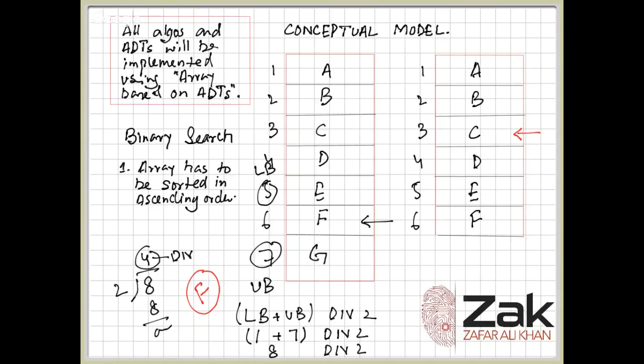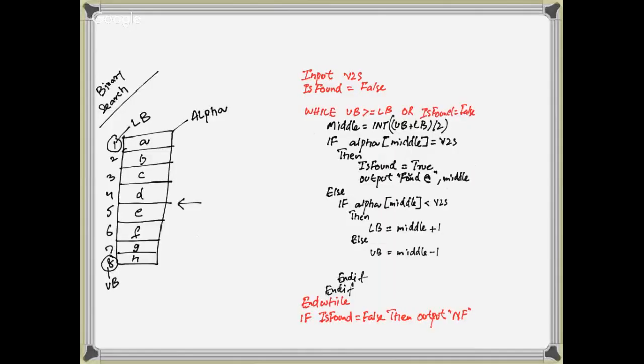Okay? Now, this is one legit algorithm. Input value to search. This is an alphabet array. While upper bound is greater than or equal to lower bound, or is found is equal to false. Is found is something good. As soon as we found it, we need to break the loop.